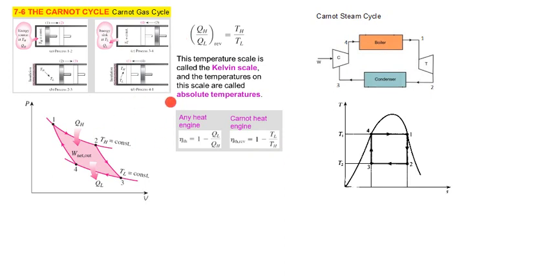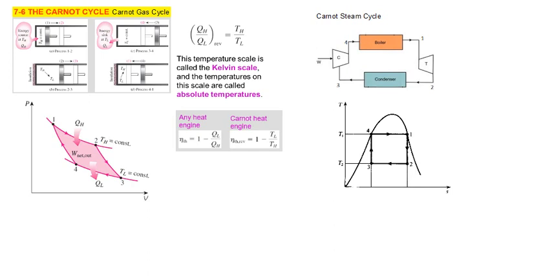So this is what we have learned in thermodynamics. But right now, what we are going to do is look at the Carnot cycle when we apply water as our working fluid. In this case, it's called steam. Steam originates from water, H2O. For a Carnot cycle with steam, we have four main components: the boiler, the turbine, the condenser, and the compressor. For the boiler, the process is the same as 1 to 2 in our gas cycle for Carnot.